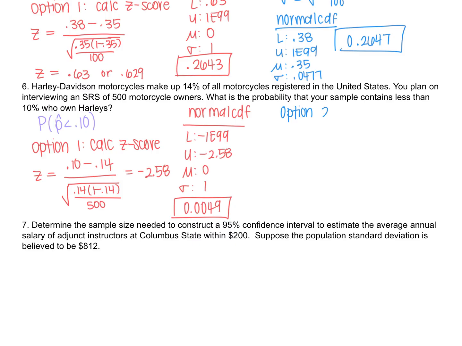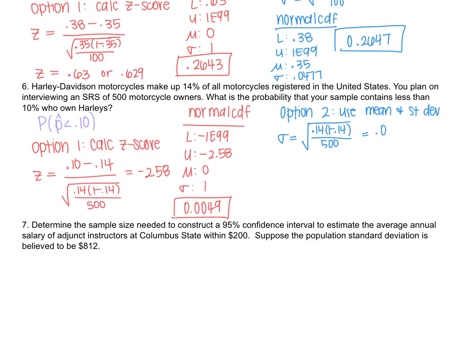For option 2, when I calculate my standard deviation, we do the square root of 0.14 times 1 minus 0.14 all over 500.